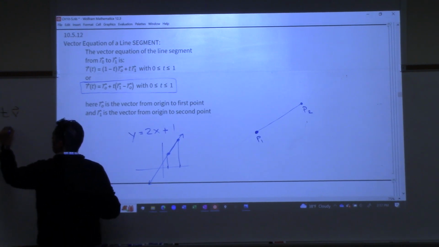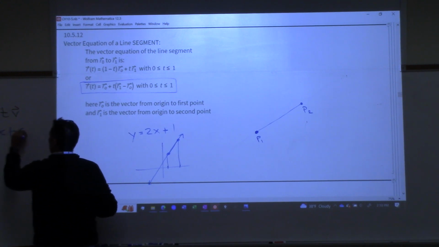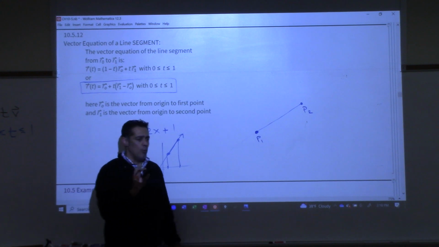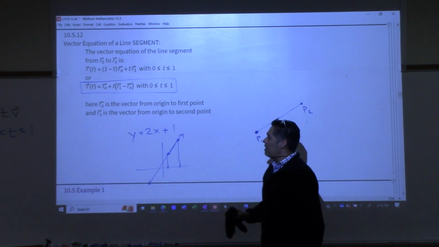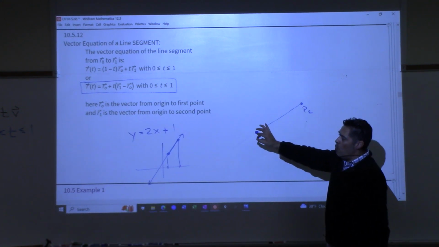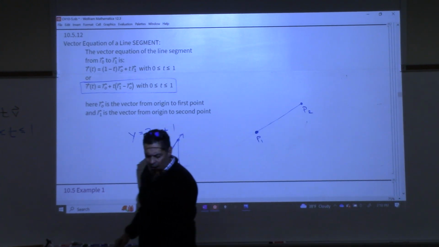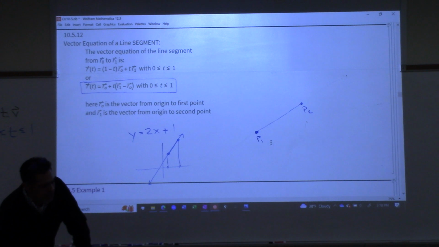All we do is restrict your t between 0 and 1. Take that, restrict it from 0 to 1, and it's going to create the line segment that goes from one point to the other. I think I might be able to convince you of this.